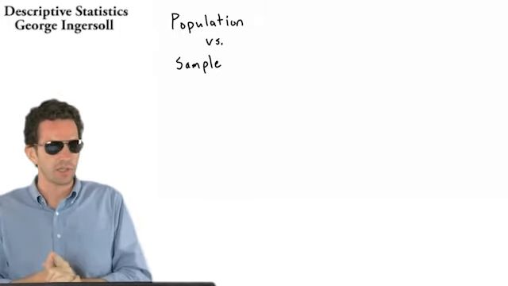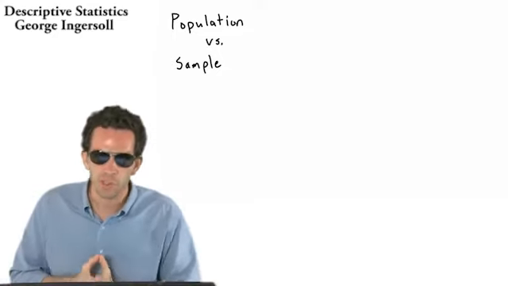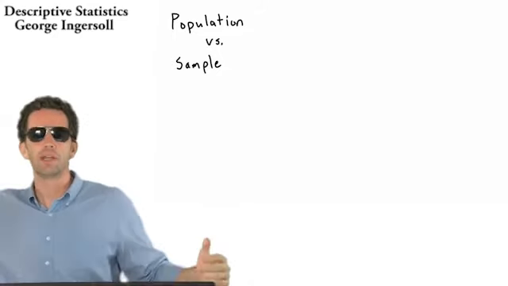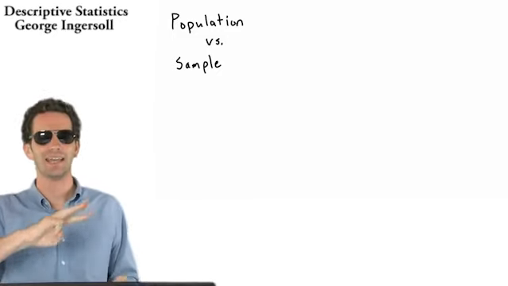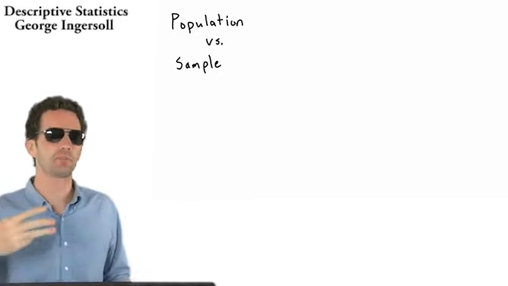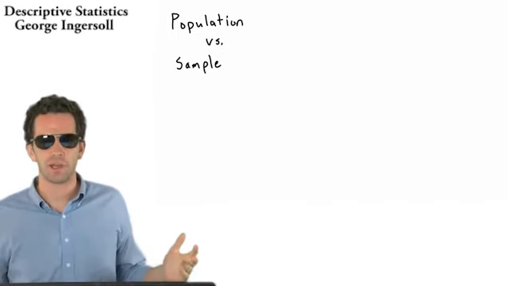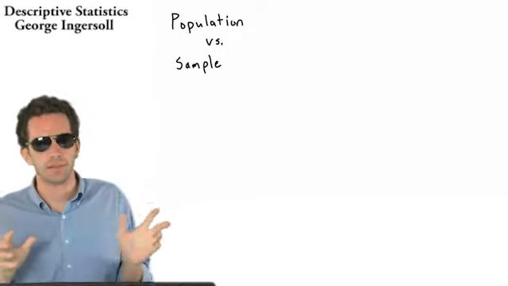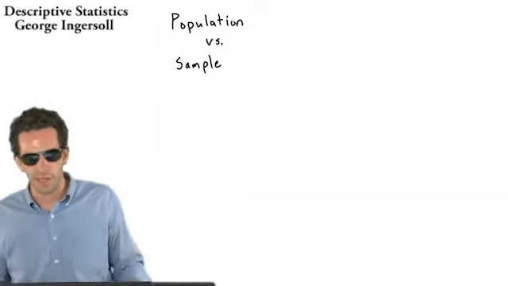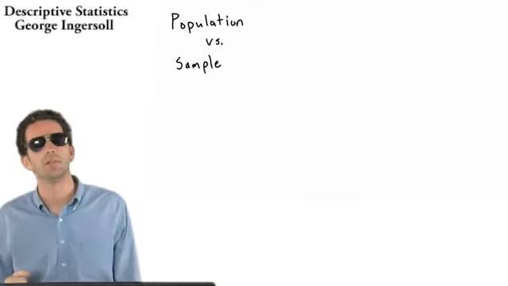The other issue is having a large enough sample to make a prediction. If you go into Times Square and you measure 3 people, you might get a very different perception of what the height is of the U.S. population than if you measure 1,000. If you measure 1,000, you're going to be fairly close, depending on how representative you think the population in Times Square is, which is debatable.